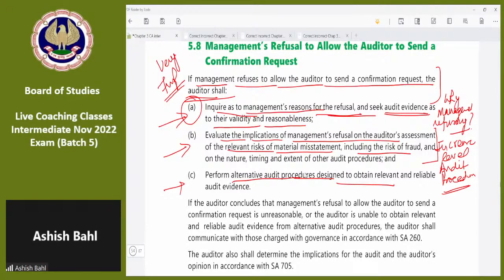So this could be the kind of alternative audit procedure. But this is only when I am satisfied with the reasonableness of the management's refusal, that management's refusal is genuine.